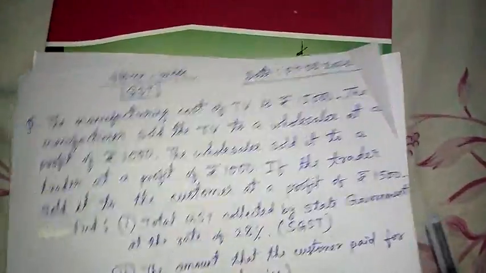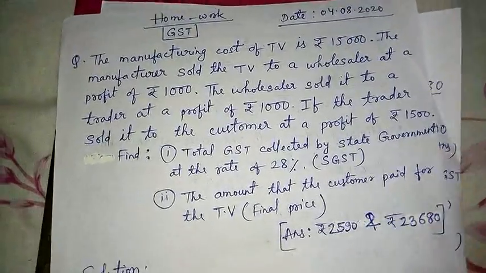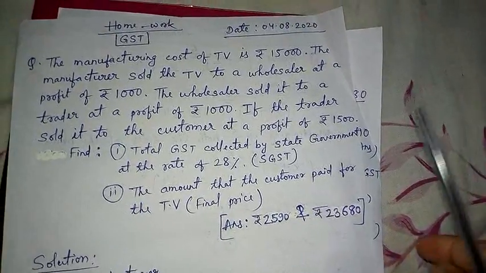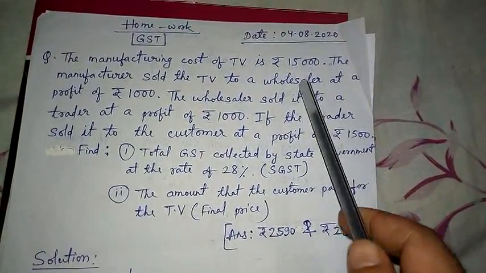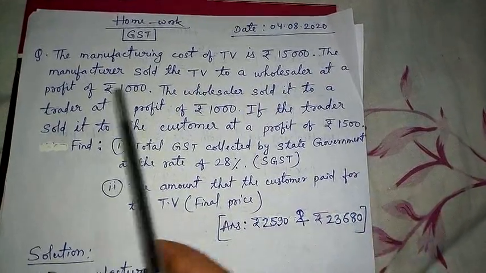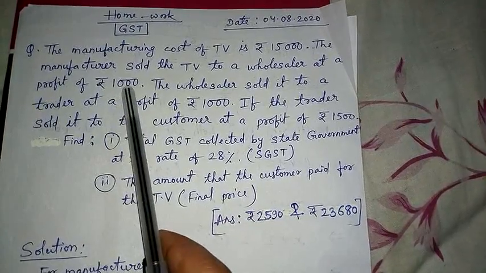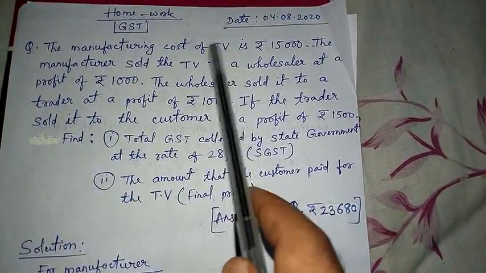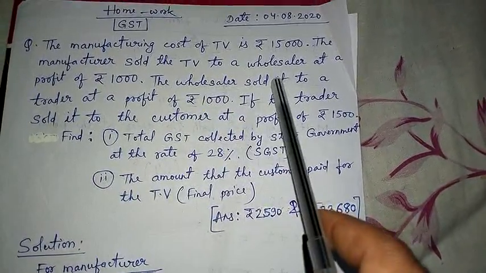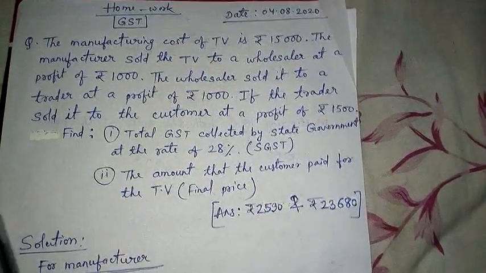Now I will teach you chapter 1 GST, very important question. So here I begin. Here the manufacturing cost of a TV is rupees 15,000. So to make a television, the company invests rupees 15,000. The manufacturer sold the TV to the wholesaler at a profit of rupees 1,000, and the wholesaler sells it to the trader at a profit of again 1,000.